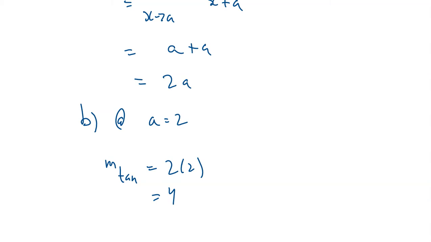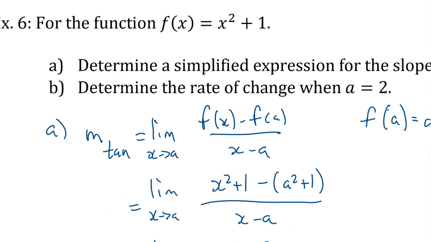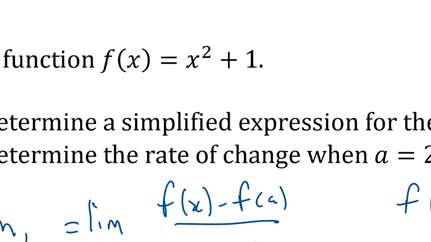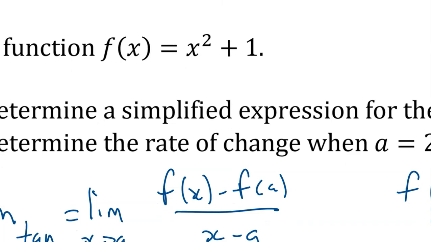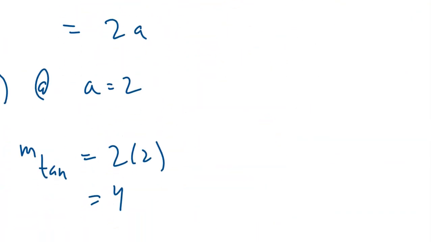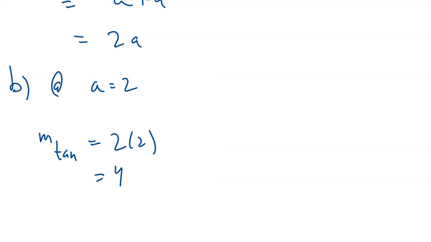So kind of like average rates of change, we came up with a simplified expression for the difference quotient. If I was going to do a whole bunch of slopes of tangents at different places along a function, it would be a lot easier to come up with that simplified expression and then just sub in your A values or your X values.